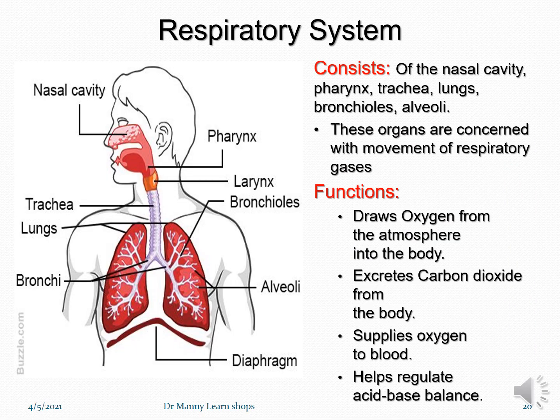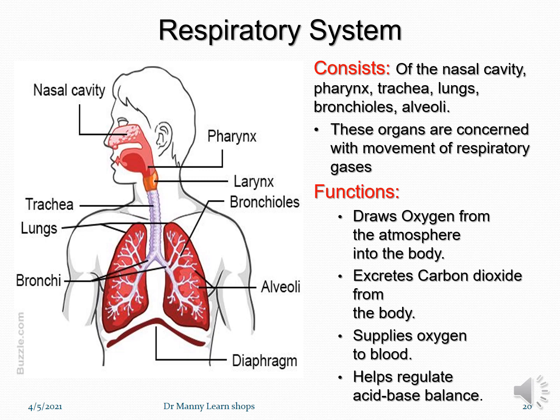Then we have the respiratory system. And the respiratory system basically consists of the nasal cavity, the oral cavity, which contains the pharynx, the trachea, your windpipe, your lungs, bronchioles, alveoli, and they're essentially concerned with the movement of gas or respiratory gases in and out of your lungs, because we all need oxygen to survive, and we all need carbon dioxide to be removed.